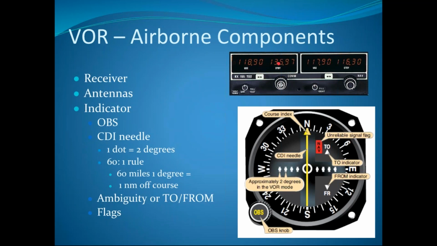So it will show the 135.97 over here in this use section. That way he can swap from VOR to VOR quicker rather than having to go without any navigation between stations. He can just push that button and it'll automatically jump to the next VOR in line. Does that make sense?